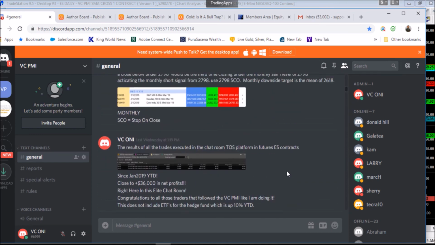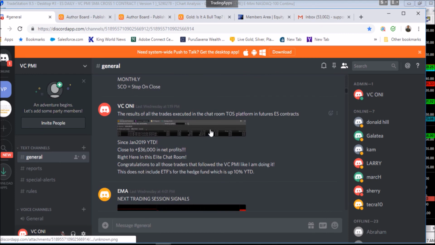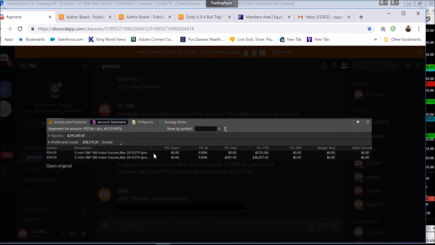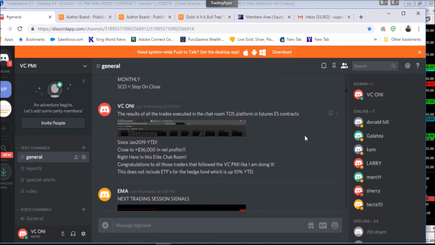And this is all documented. This is the TradeStation platform, and you can see here trades on the E-mini, $36,000. So the automation varies depending on how you manage it, how you monitor it, how you control it, and it varies obviously from instrument to instrument.